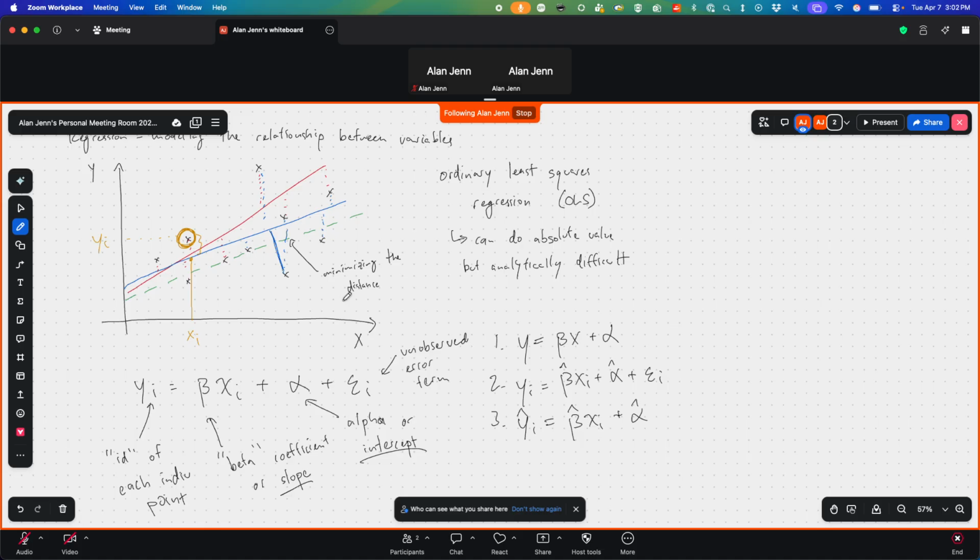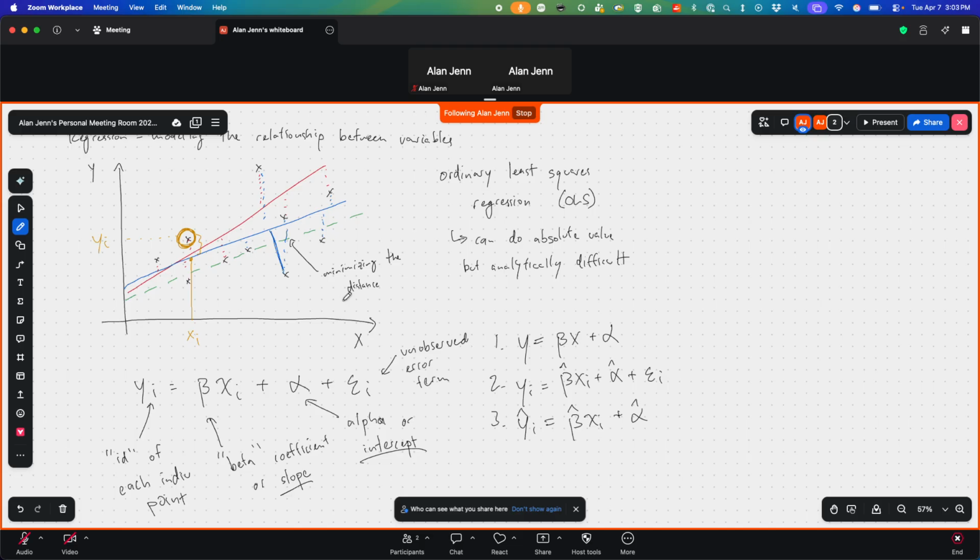So the name of the game here is the parameters, which are my beta and alpha. It's all about getting the beta caret and alpha caret, the predicted values of those parameters, as close to the true values as possible. So in a more theoretical class, we would then talk about the procedure with which we would actually calculate the betas.